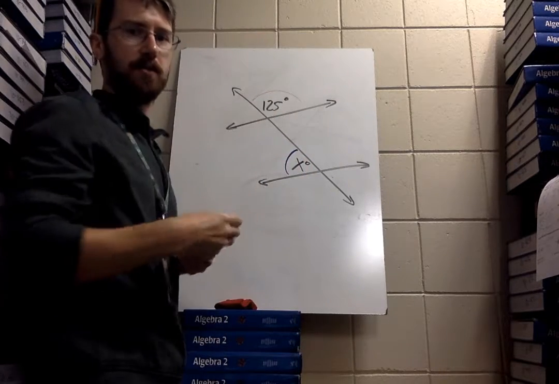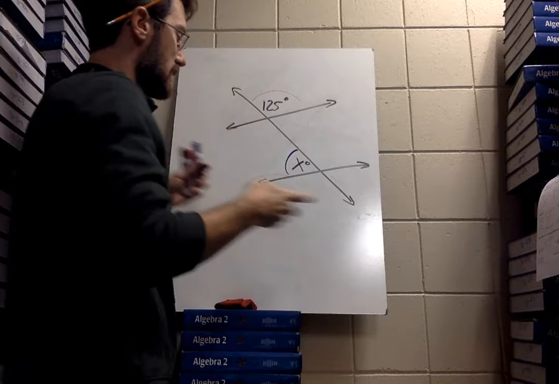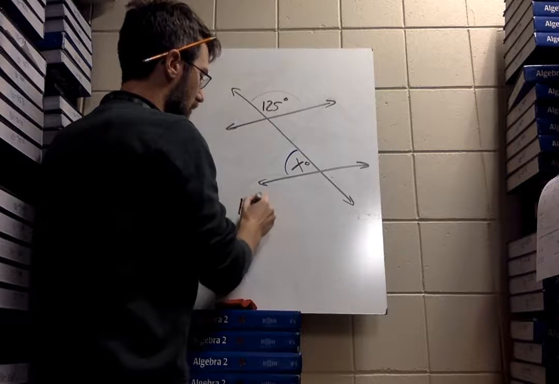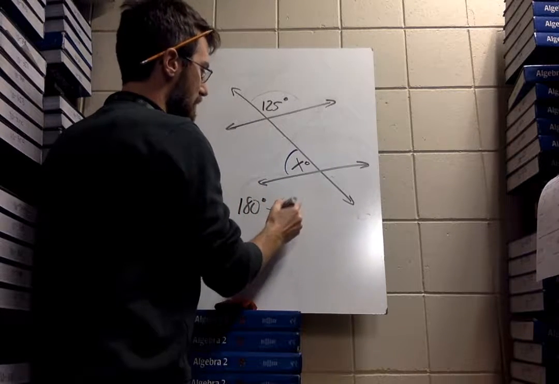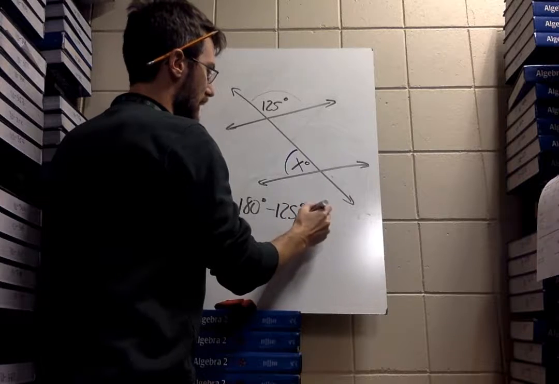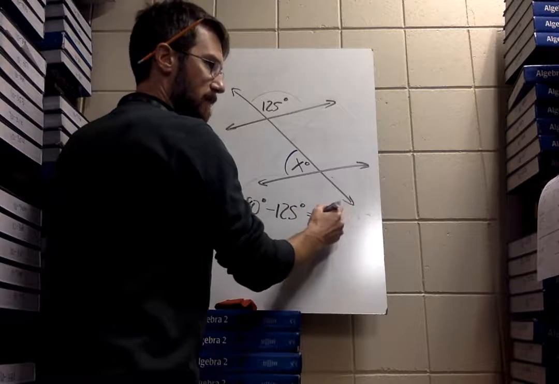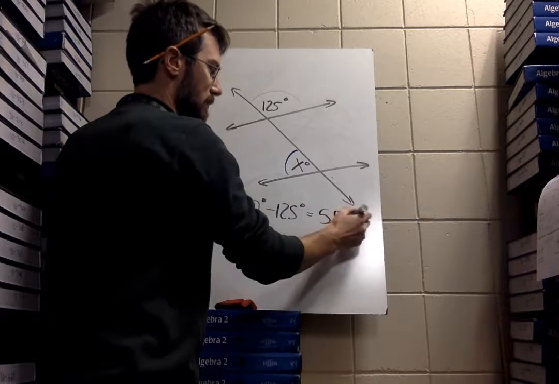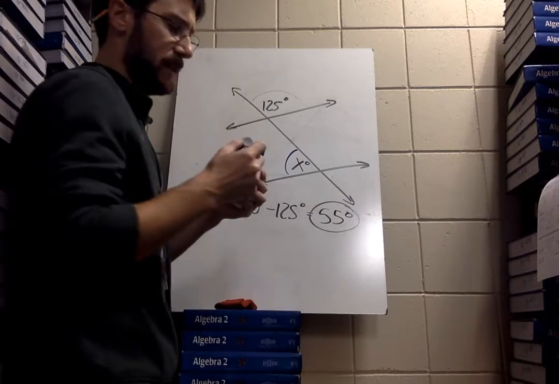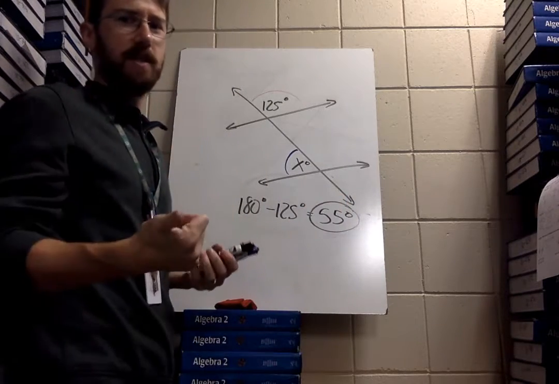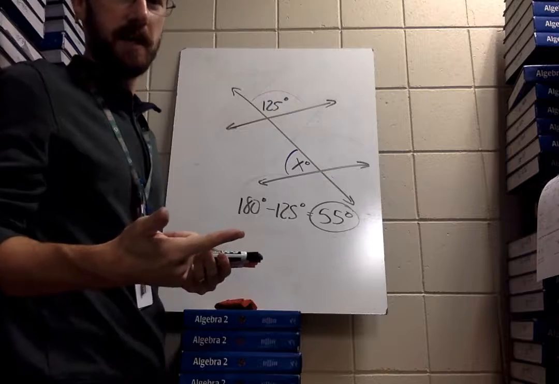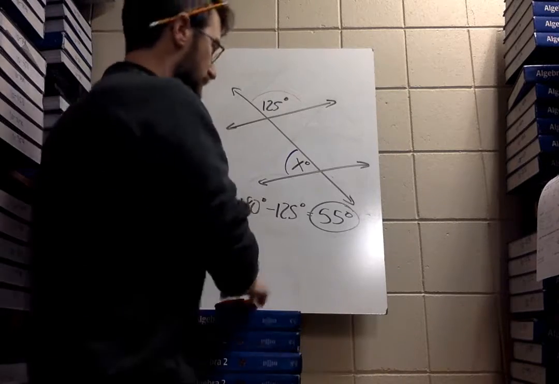Those have to add up to equal 180 degrees in this diagram. And so we're going to take 180 minus 125, and that should give us 55 degrees for that one. So really, you're either equal or you're subtracting from 180. Those are your two options.